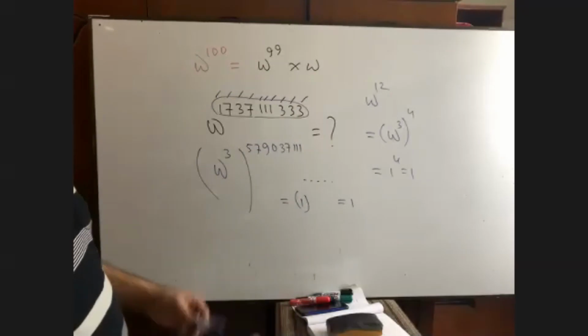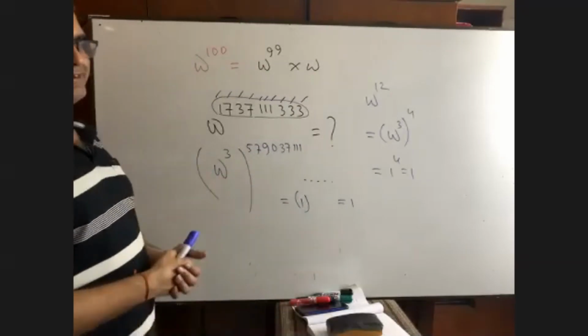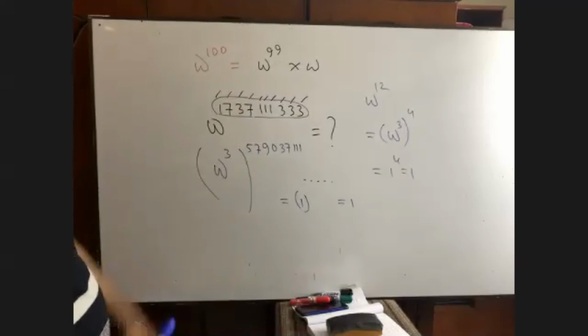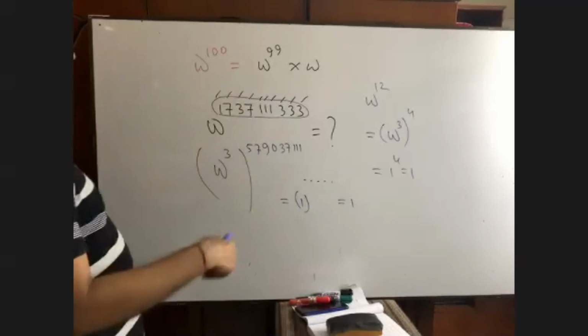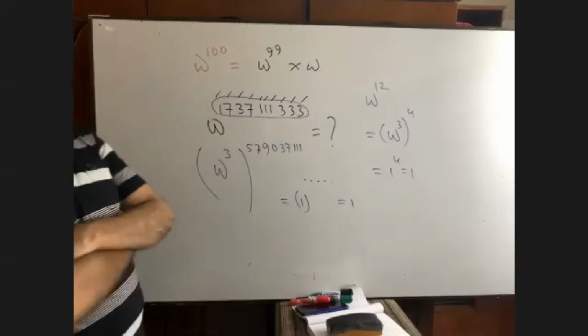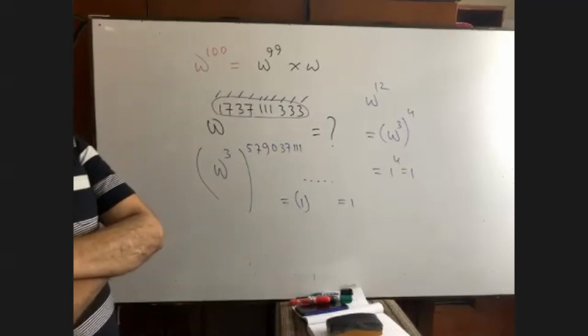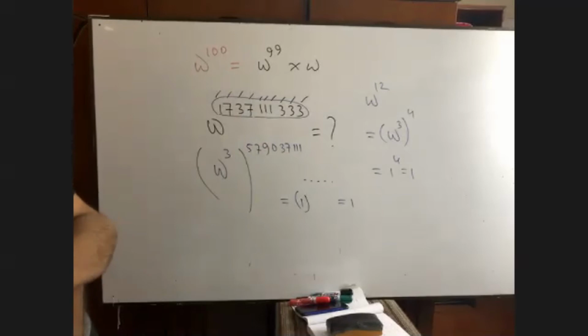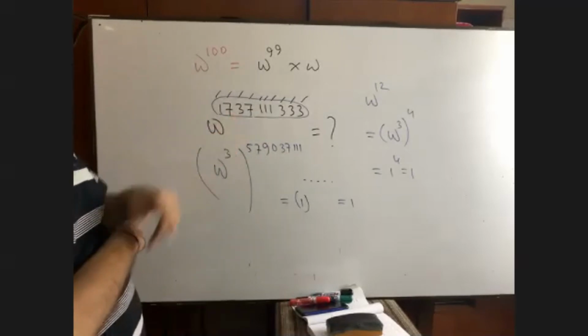Now all of you are required to determine omega to the power your mobile number. Okay, you do it. All of you just do it and let me know. Take the power as your mobile number and please let me know.